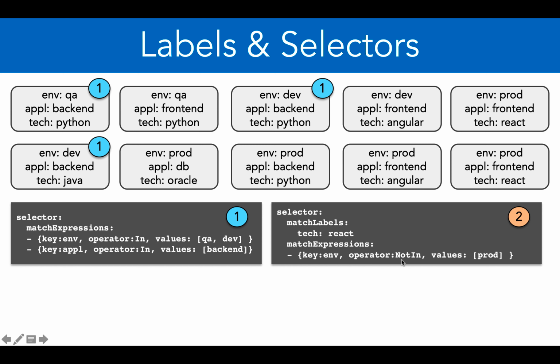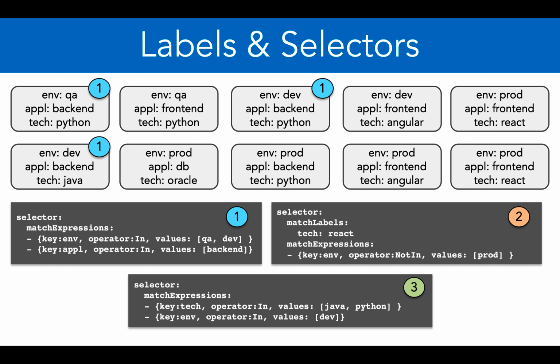So env not equal to prod, because it has only one value. It could have multiple values also. So notin means that the key env should not have a value of prod. But in this case, both the pods have env equal to prod. So for question 2, none of the pods would be selected because it is not matching the criteria.